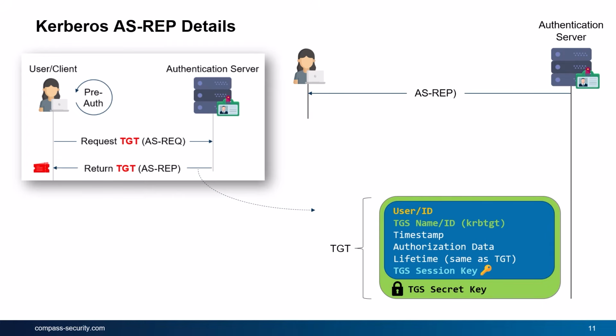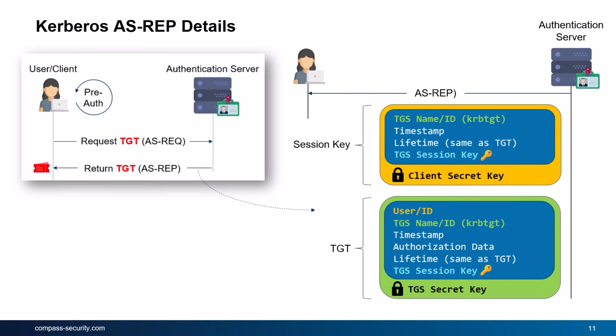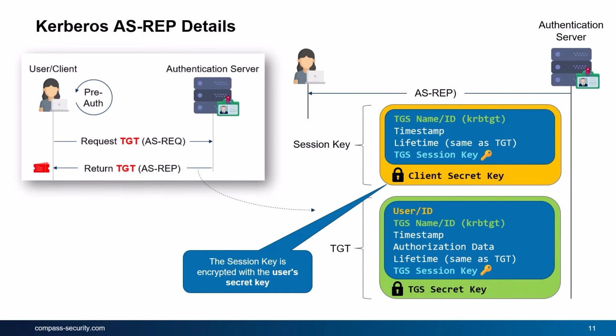So there's not much we can do there since this account has a randomly generated password. But besides that, we also have this session key that is associated with this TGT. And the session key part of the message is encrypted, as we've talked about before, with the long-term secret or the Kerberos key material derived from the user's account password. So this is essentially the target of our brute forcing attacks.